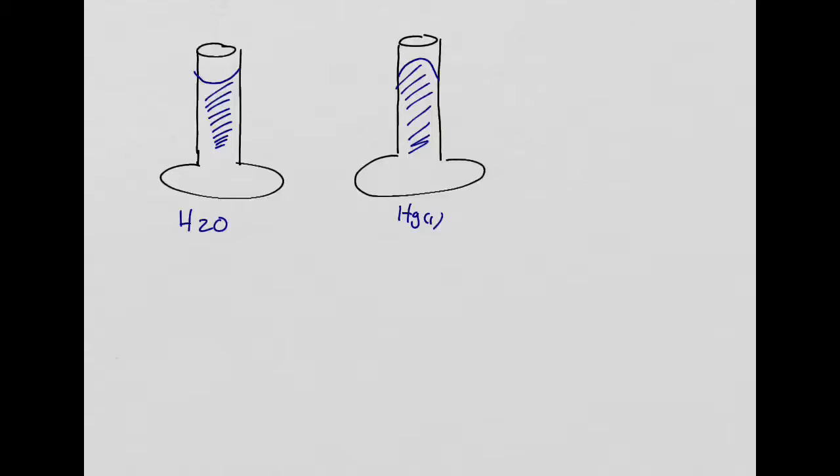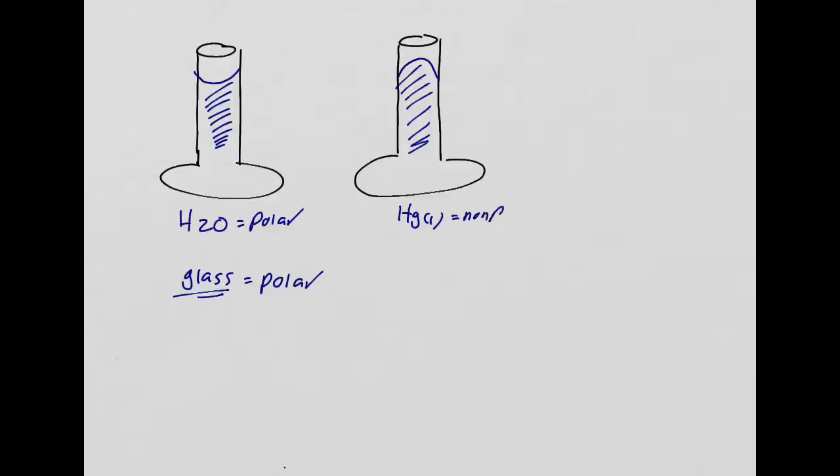Here's why. Your graduated cylinder is glass, and glass is polar. Water is also polar. They like each other. So water is trying to actually interact with the glass surface, and that's why you get a little meniscus.